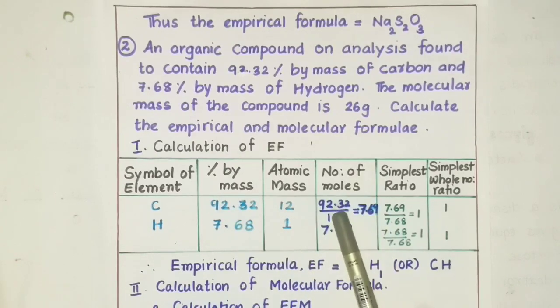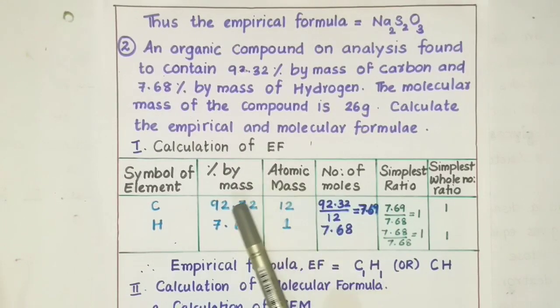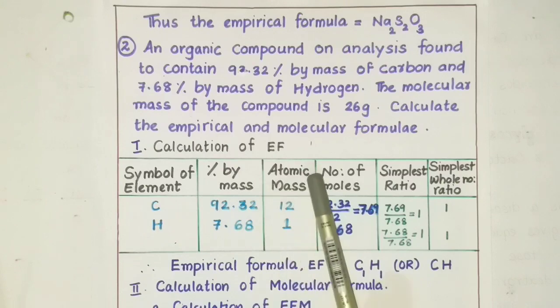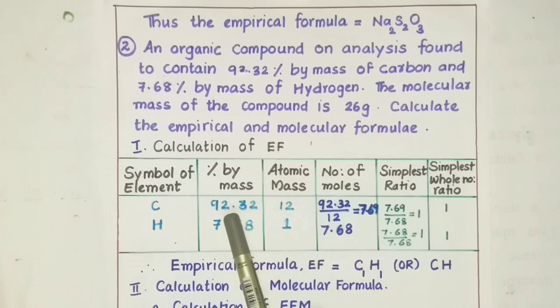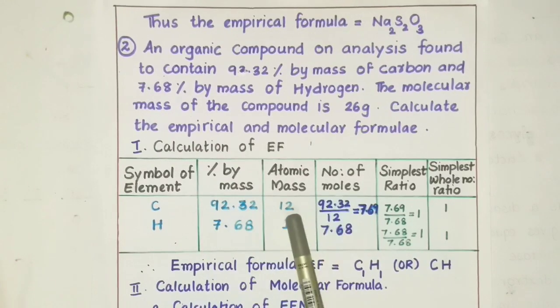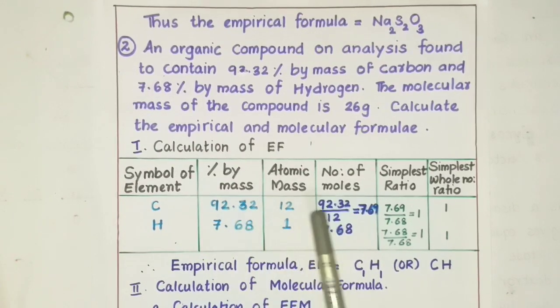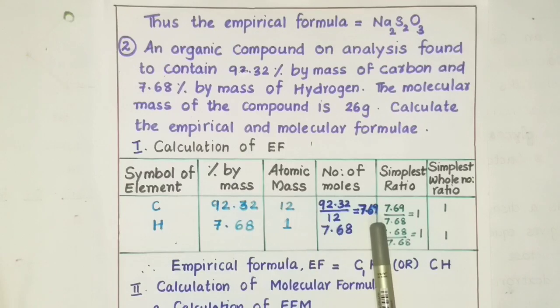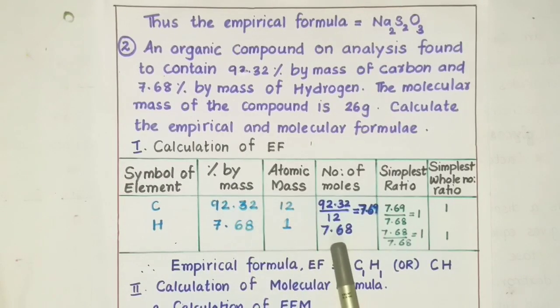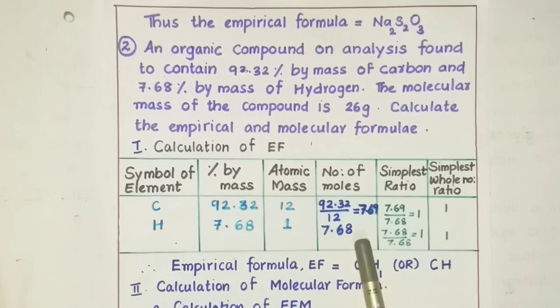Then the number of moles is given by percentage by mass divided by atomic mass, that is 92.32 divided by 12, then we get 7.69, then 7.68 divided by 1, we get 7.68.